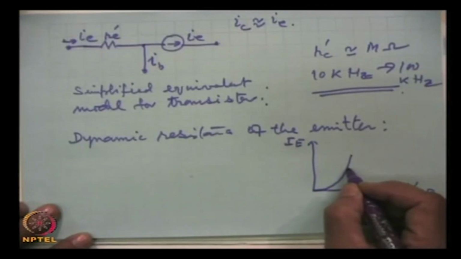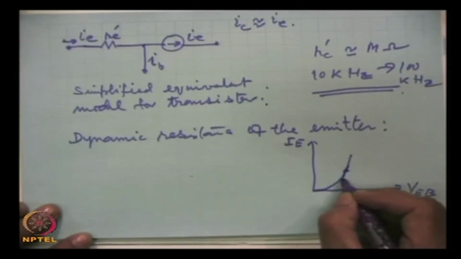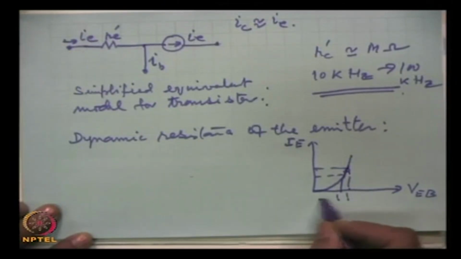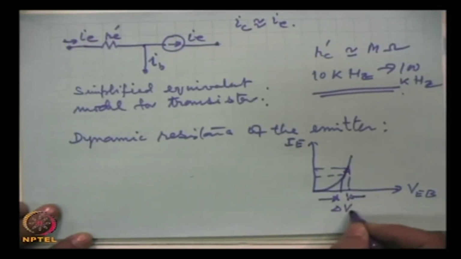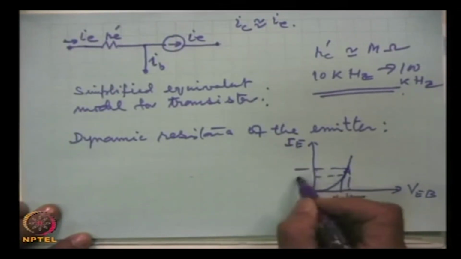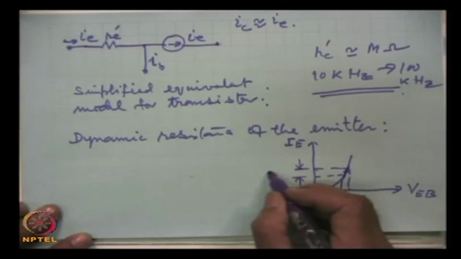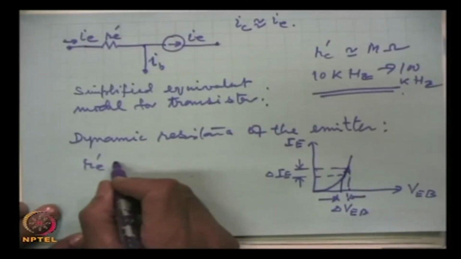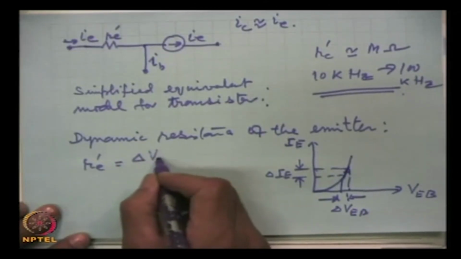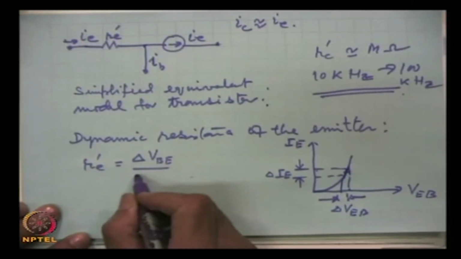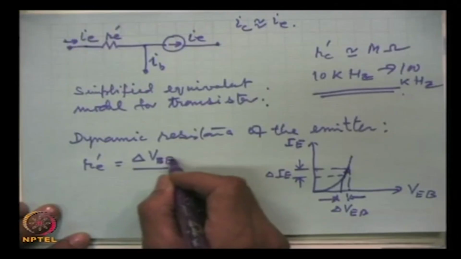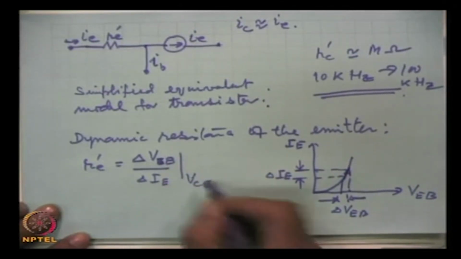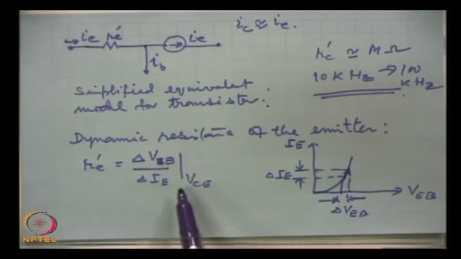Here we take the operating point somewhere here, and we take the changes: this much change in voltage V E B changes the current by this amount, and the ratio of the two gives you R E prime, delta V E B over delta I E at a fixed value of V C E. This is how the dynamic resistance of the emitter is defined.